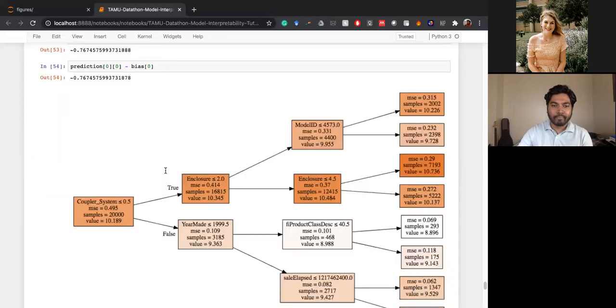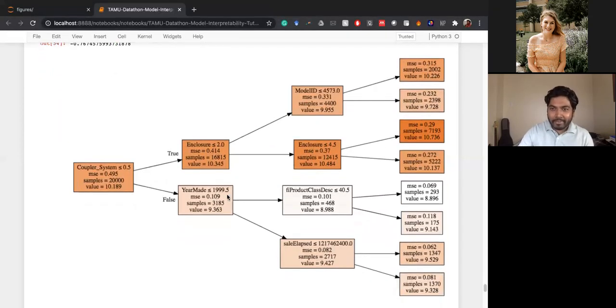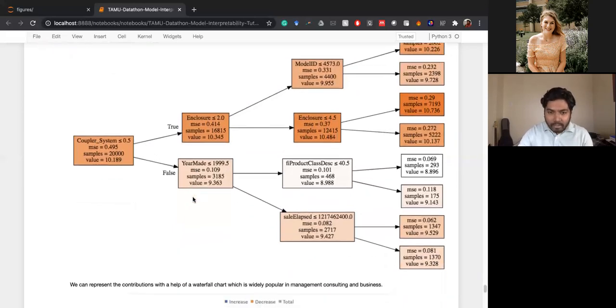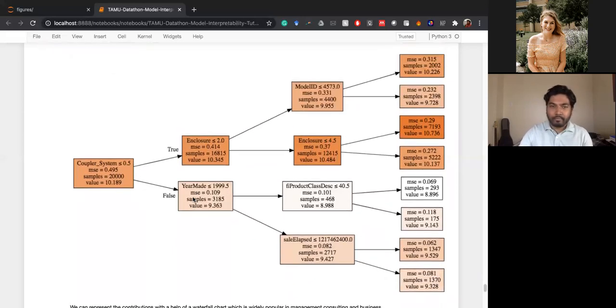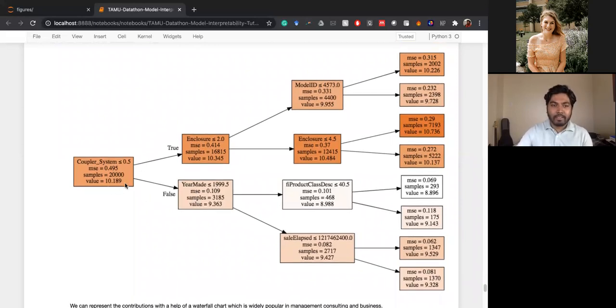Okay, we still have 5 minutes, so I can go over this example to make this more clear. So basically, the value here is the bias.